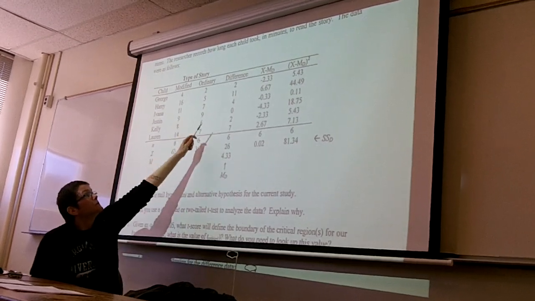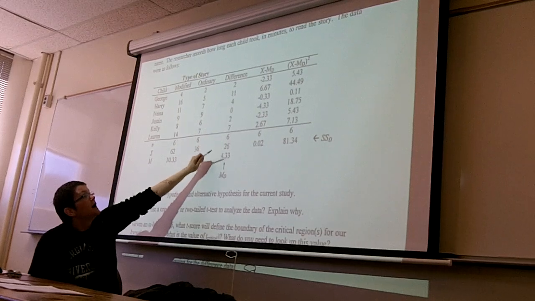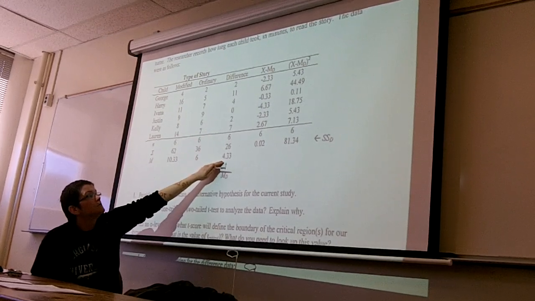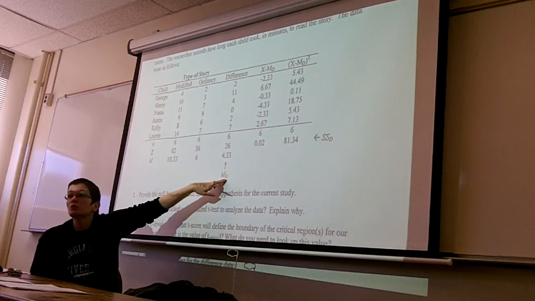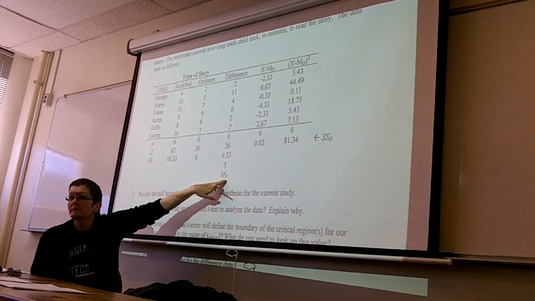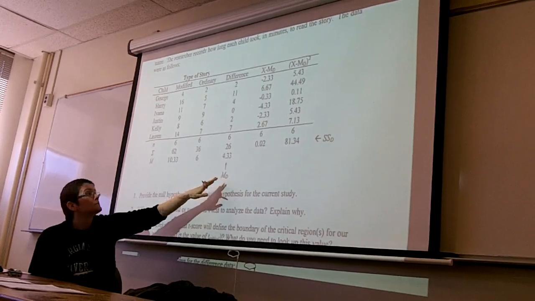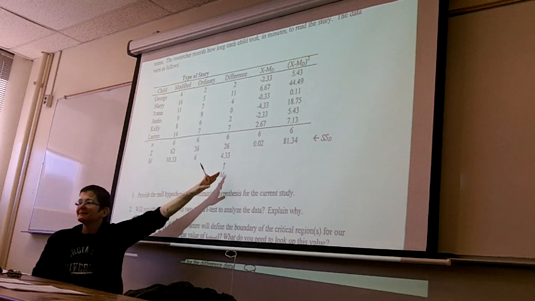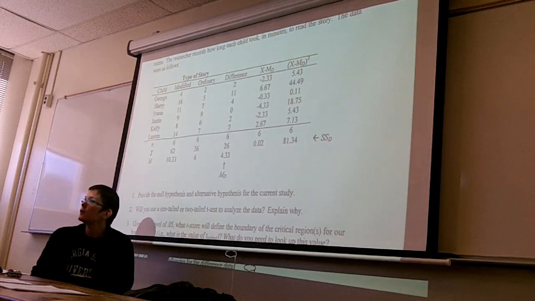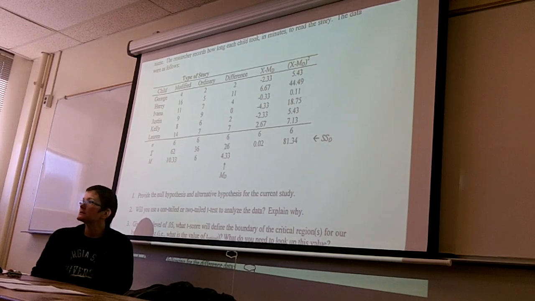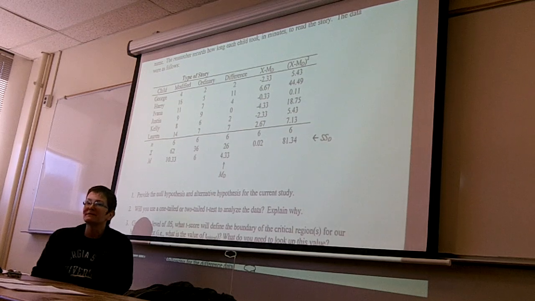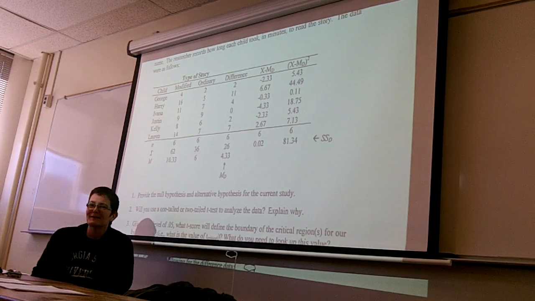Now, if I do the math here, I get an average for this group of difference scores of 4.33. That shouldn't surprise anyone. 4.33 is the average for the difference scores. Makes sense? It's also the difference between the averages for the sets of scores.